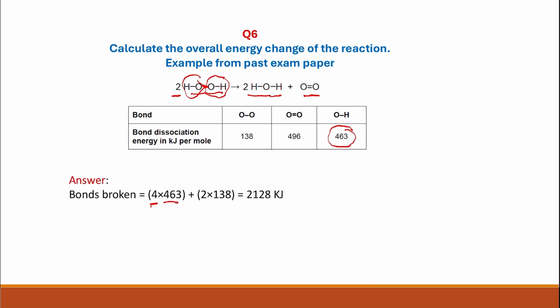And then we also have an oxygen-oxygen single bond, and we have 2 of these because we have 2 moles. So 2 times 138, which is the energy needed to break the oxygen-oxygen single bond. In total, there is 2,128 kilojoules.